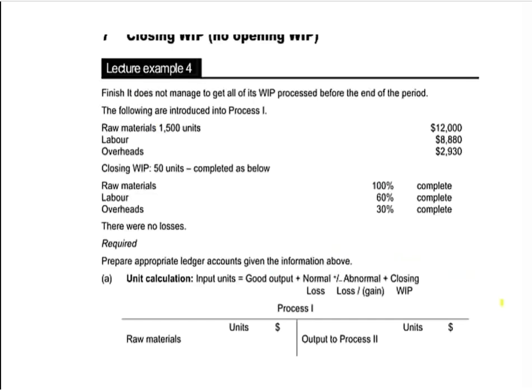In lecture example 4, we're going to work through for a company called Finish It, which doesn't manage to get all of its work in progress finished off before the end of the period. Now, you're not going to have to do all of these 5 steps and completion of the process account for one question, but as I've stated before, for one of the section A questions, you could have to do any component part, so you need to understand all of the process.